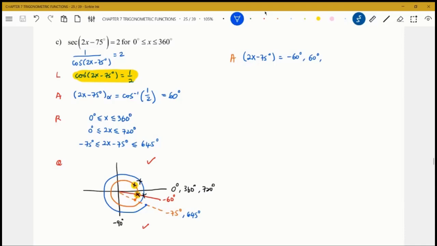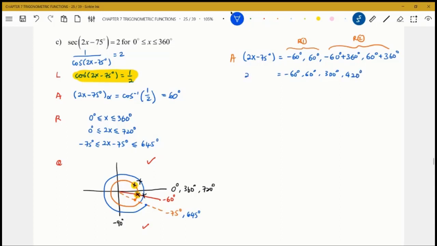Okay, so untuk dapatkan lagi dua, kita hanya tambahkan dengan 360. So negative 60 plus 360 and then 60 plus 360. So ini adalah untuk first rotation. Rotation yang pertama, ini adalah rotation yang kedua. Okay, so we're gonna have the answer which is negative 60 degree, 60 degree. So di sini adalah 300 degree and then di sini adalah 420 degree.